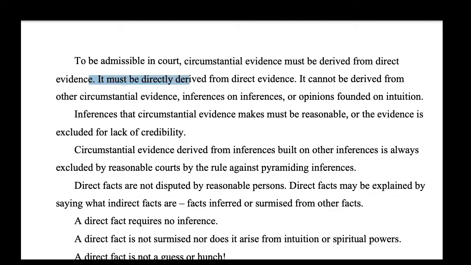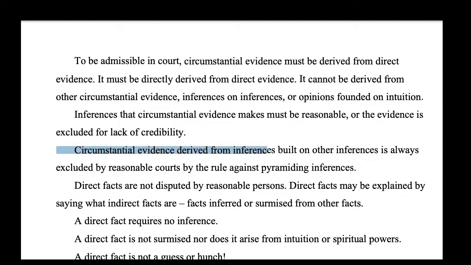It must be directly derived from direct evidence. It cannot be derived from other circumstantial evidence, inferences on inferences, or opinions founded on intuition. Inferences that circumstantial evidence makes must be reasonable, or the evidence is excluded for lack of credibility.